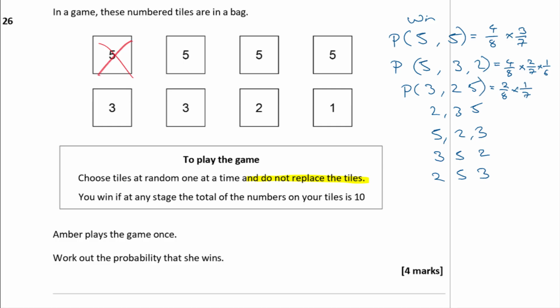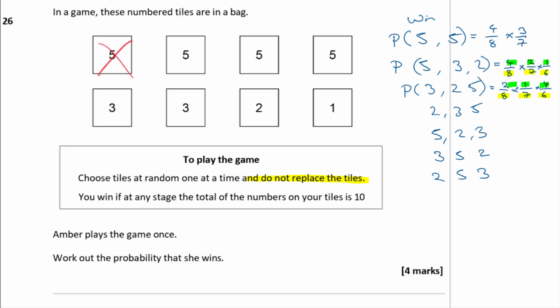And a 5 on the third selection is 4 5s over the 6 remaining tiles. These are different probabilities, but on the bottom they're all 8 times 7 times 6, and on the top we've got the same numbers, 1, 2, 4.